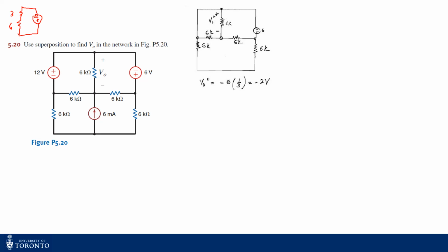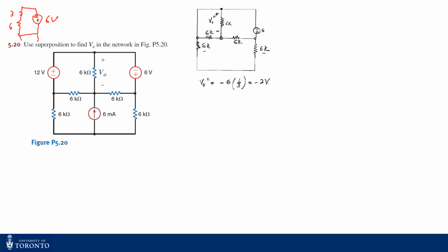And then the circuit continues. This 6 kilo ohm circuit continues at the bottom, right? But since this 6 volt is in parallel with the 3 kilo ohm and the 6 kilo ohm, which are in series, I can apply KVL there, the voltage divider, and find out the contribution of the 6 volt source to this V naught prime, and this becomes basically minus 2 volt.